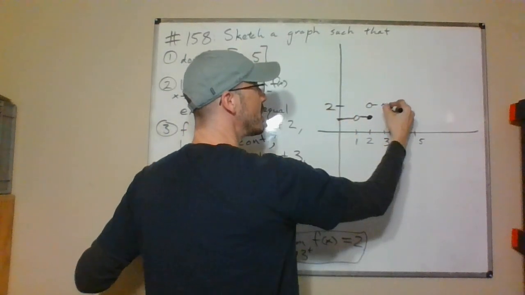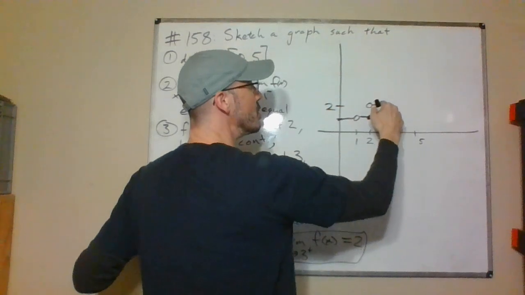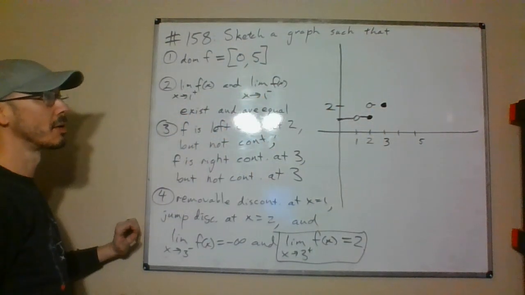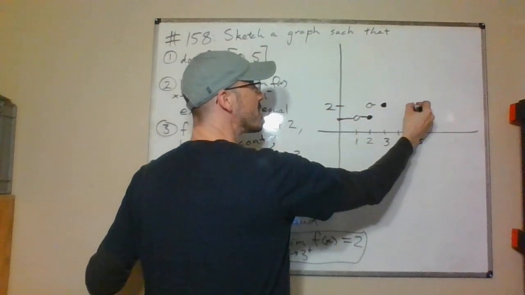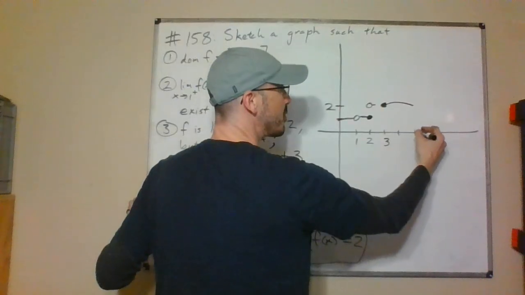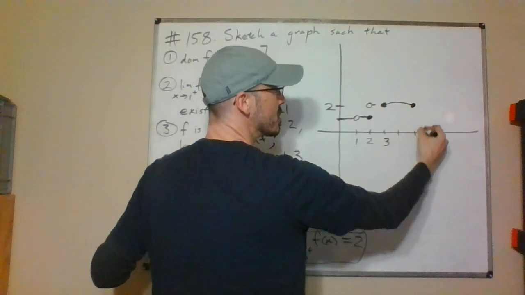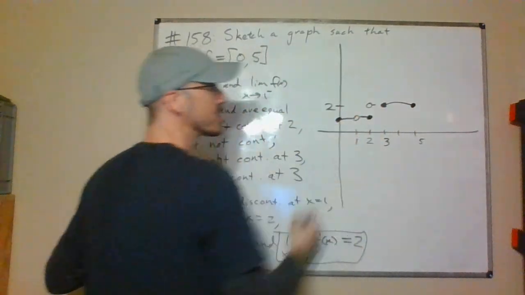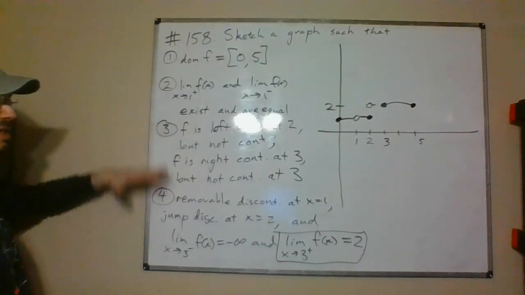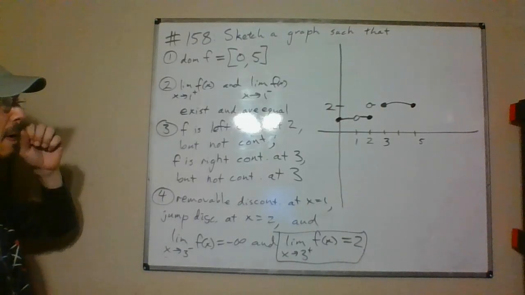So at 3, it's 2, and my function's coming into that value from the right. At 5, I guess we just put something at 5 and something here too. Nothing is specified about 5 or 0 here.